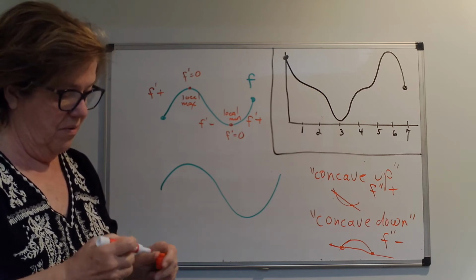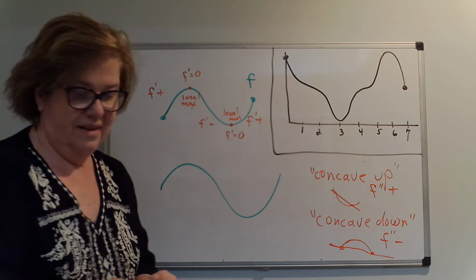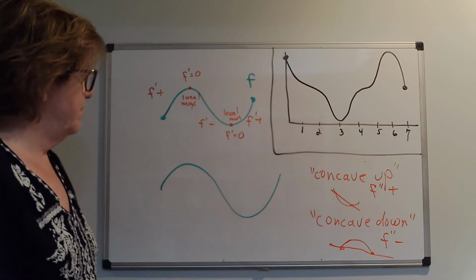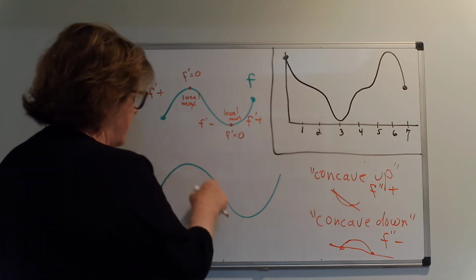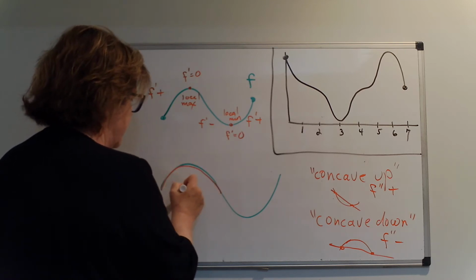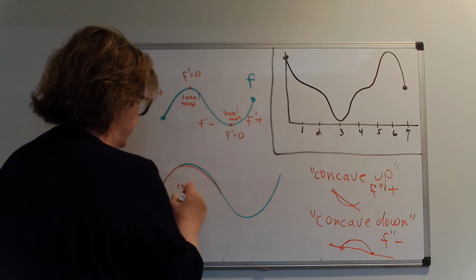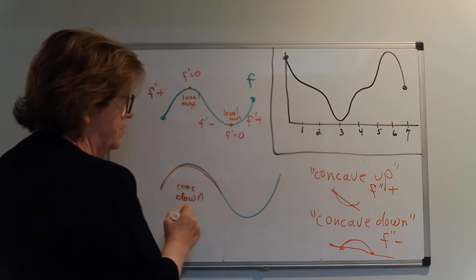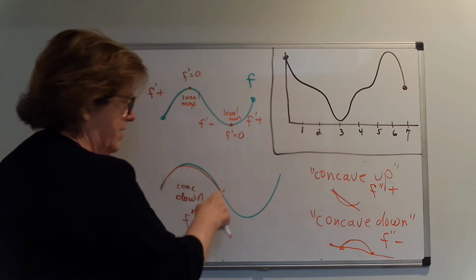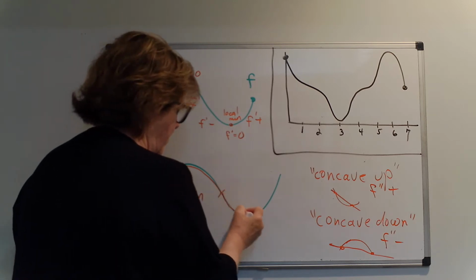Let's talk about why that is. So, just based on these definitions, it looks like in here the function's concave down. So the second derivative would be negative. Here, somewhere in here, it changes to concave up.